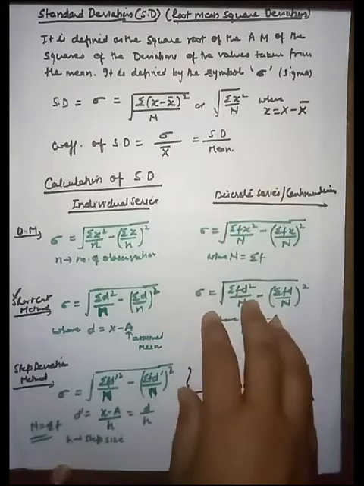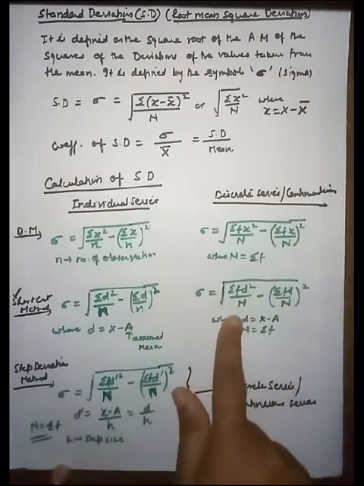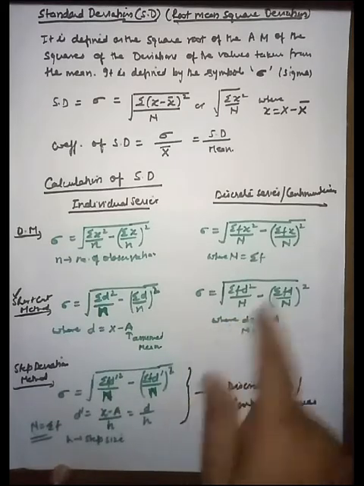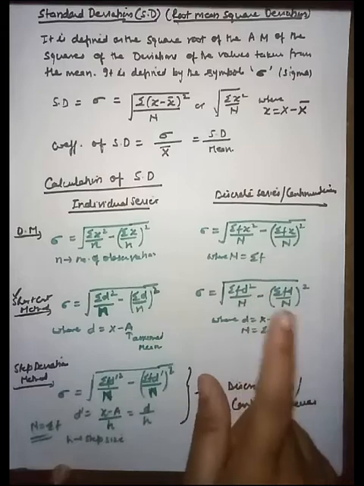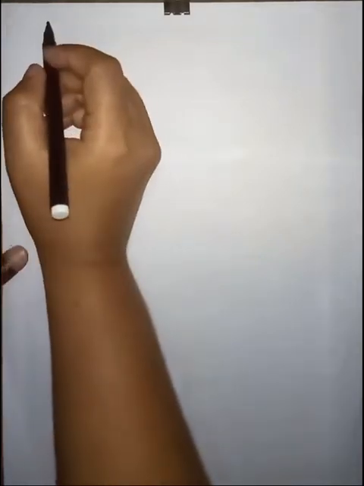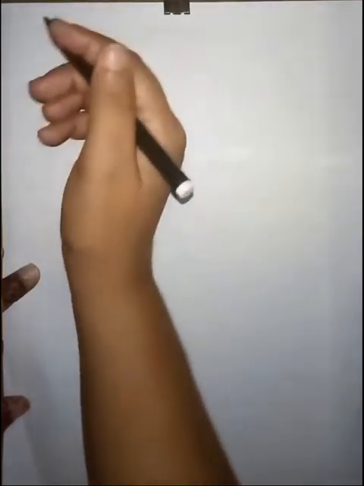So let's take one example, which is solved by the shortcut method. I have taken a discrete series, and it is solved by this method. So let's move on to the example of a discrete series, and compute the standard deviation.